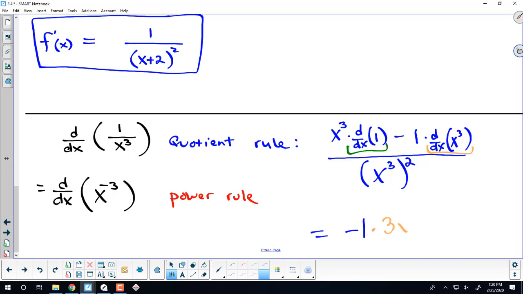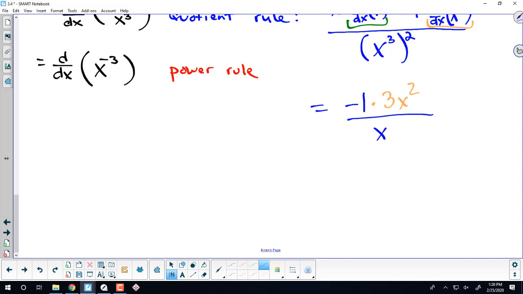And then we have all of that over x to the power of 6. We'll just simplify what we have. We've got a negative 3x squared over x to the 6th, which simplifies to negative 3 over x to the 4th.